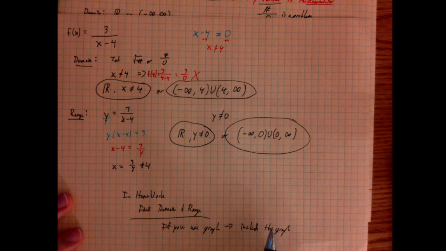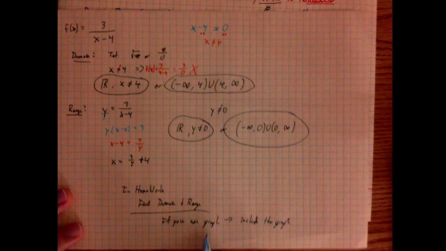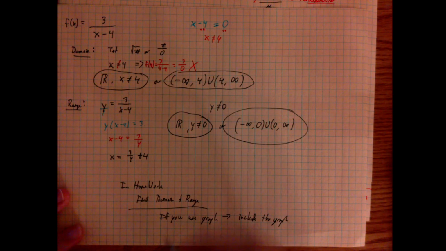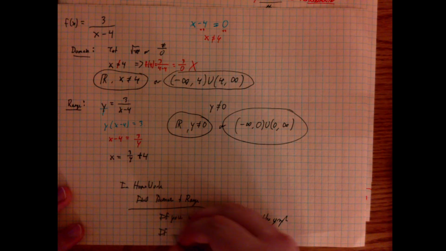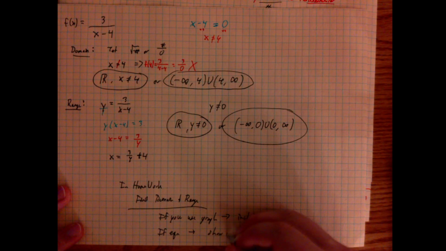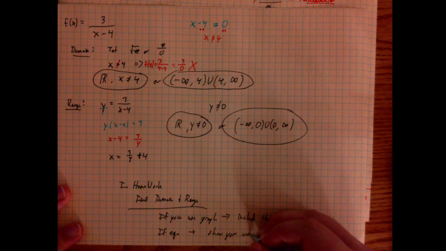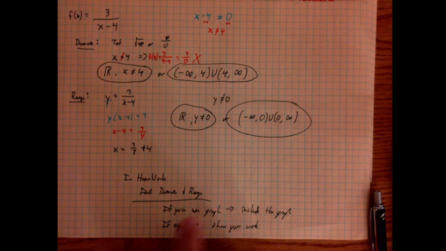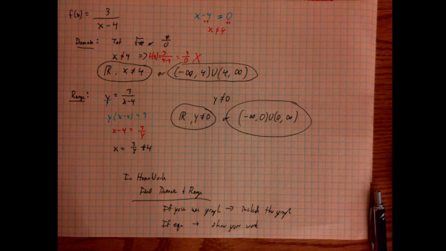So if you decide to grab a graphing calculator and graph it, I want you to copy those graphs down so I know what you were looking at. Because then I can see if you make a mistake. If you choose to use the equation, then I want you to show your work. Okay? Depending on which way you do it, just find the domain and range. I don't mind which way, as long as you do it one of the ways.